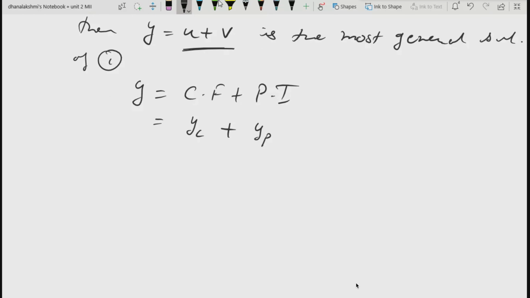Understood, all of you? This is the complete solution of the given differential equation.